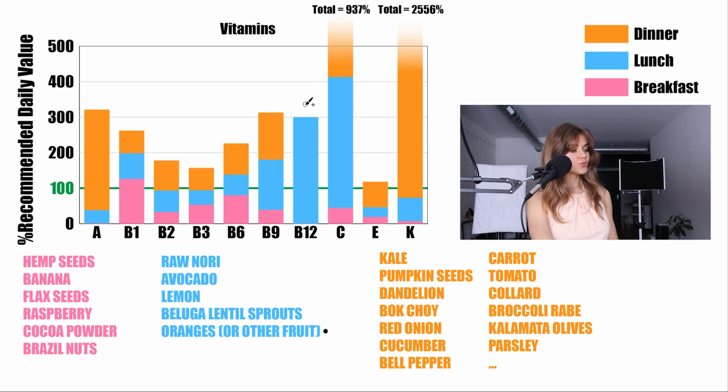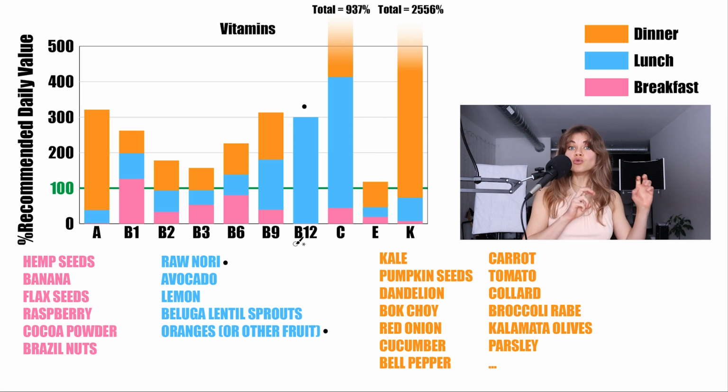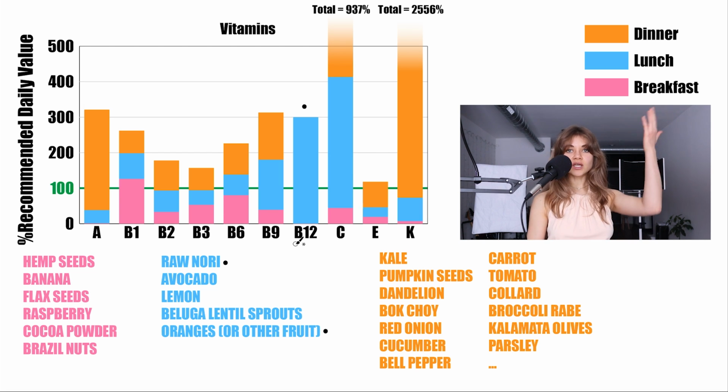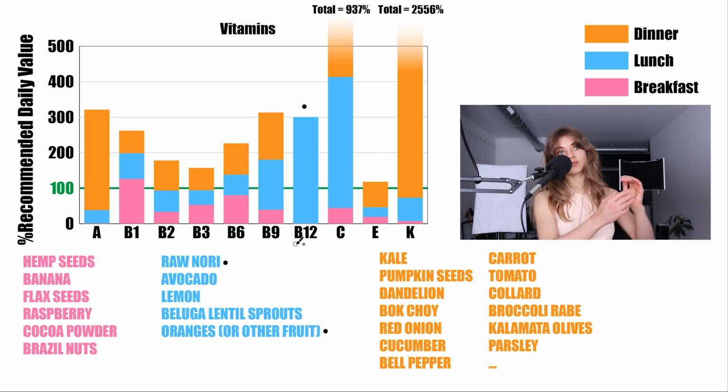Then another important thing is B12. Let's look at B12 here. B12 is a tricky vitamin. Why? Because it has a true form and a fake form. The true form of B12 can be found, of course, in synthetic sources, and in animal products that accumulated it from synthetic sources.